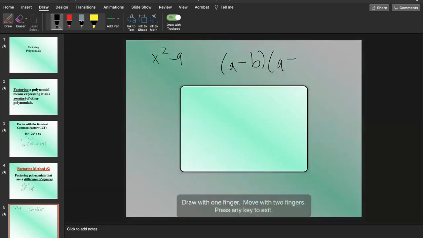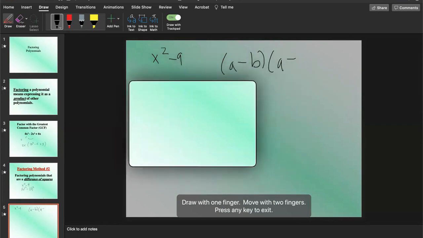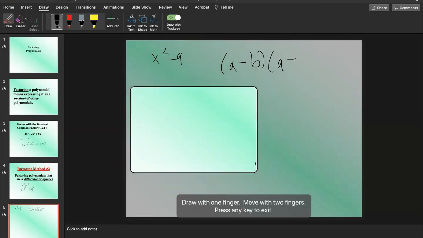Let's just use this blank spot. We want to replicate this a minus b situation. We can realize that a is the first factor that goes into the squares, and b is the second one, and it's emulated with x and not 9, but 3.